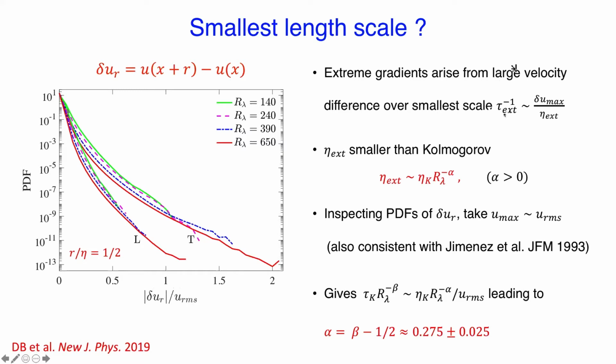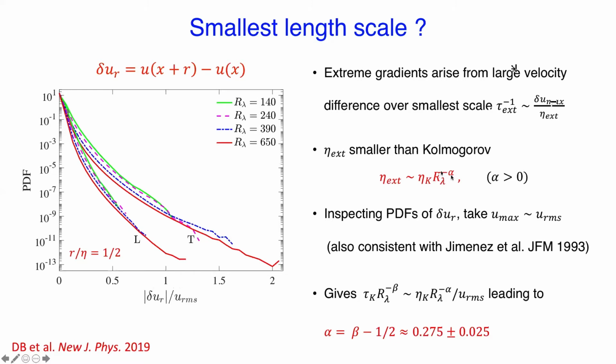So the extreme gradients scale as 1 over tau x, and the velocity gradient we can write as some maximum of the velocity increment over some smallest scale. This smallest scale, eta x, is going to be smaller than the Kolmogorov length scale, which is defined here, but now the exponent is different. So we'll call this alpha.